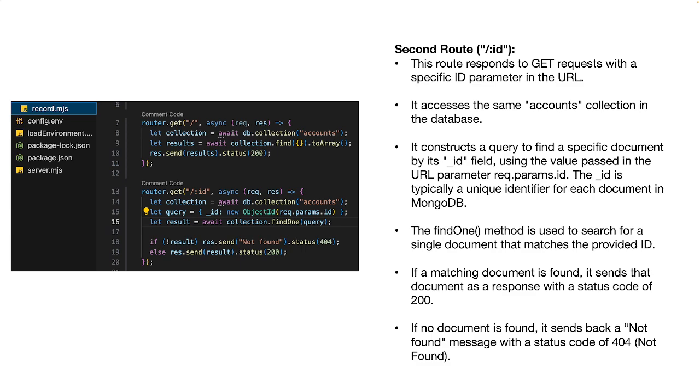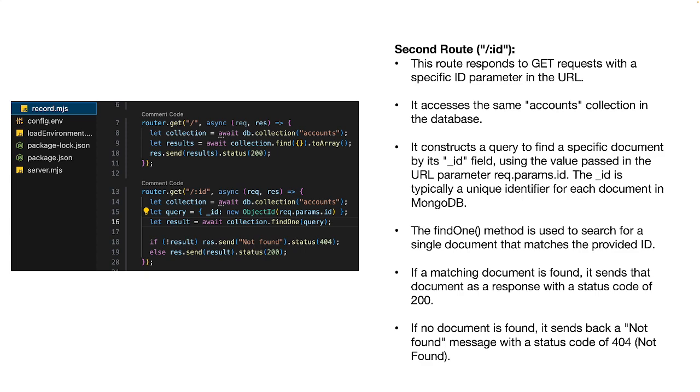Now moving on to the second route, it's going to be that second line of code, router.get. This route responds to GET requests with a specific ID parameter in the URL. It accesses the same accounts collection in the database. It constructs a query to find a specific document by its ID field, using the value passed in the URL parameter, req.params.id.